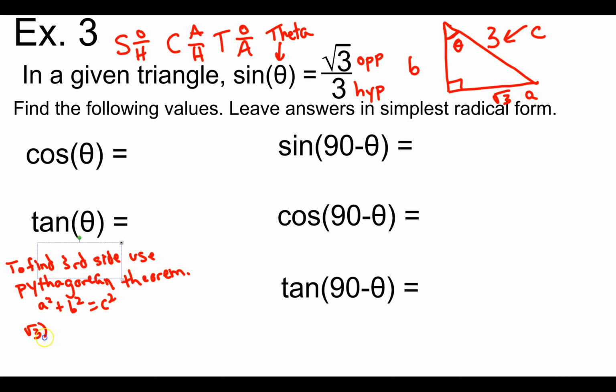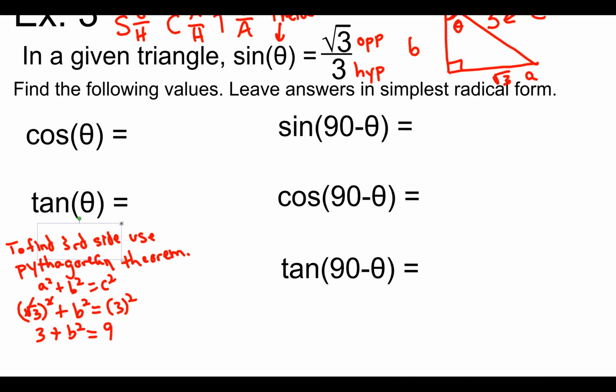So square root of 3 squared plus b squared, we don't know, is equal to 3 squared. So let's simplify this out. Remember, a square root and a square cancel each other out, so we're left with 3 there, plus b squared is equal to 3 squared, which is 9.